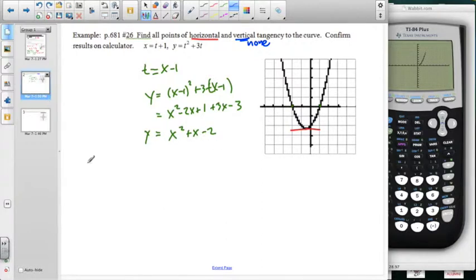So when we take a look at the Cartesian derivative, and that's what we kind of casually call the derivative, and we look at it in parametric form, it looks like this. And so when we're talking about a horizontal tangent line, we're talking about a slope of 0.